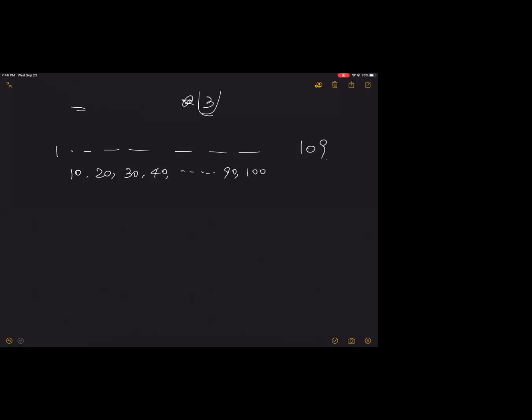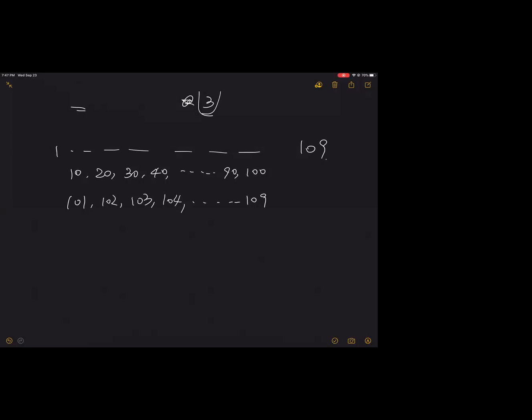And then you still have to get to 109. In the 100s, it has a 1 between them, so I did 101, 102, 103, 104, all the way up to 109.